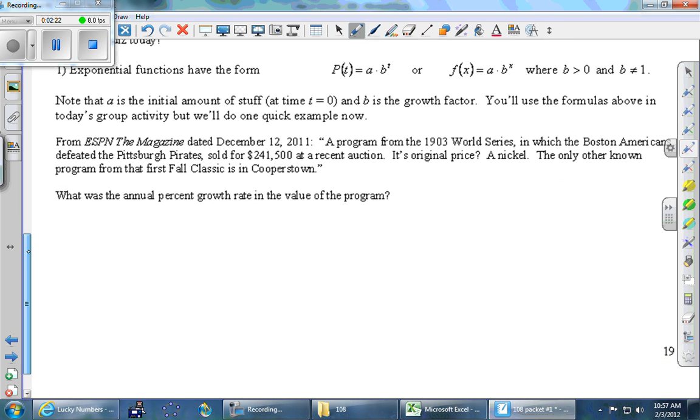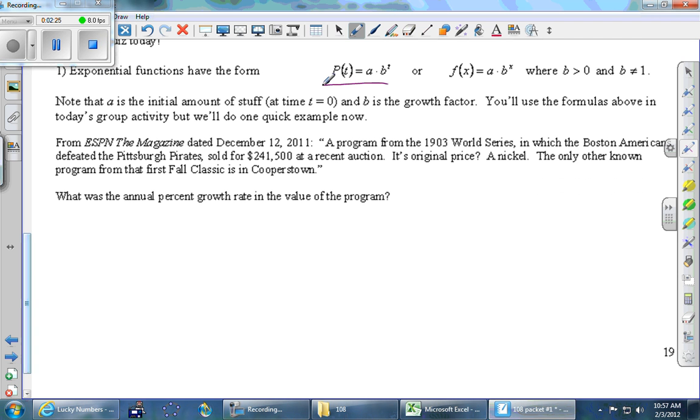So let's go ahead and think about this formula right here. We're going to treat it like an exponential growth kind of thing, like investing in the bank. And we've got some data in here. And so we're going to translate this data into points. Maybe the first column will be years, and then the second column will be value.